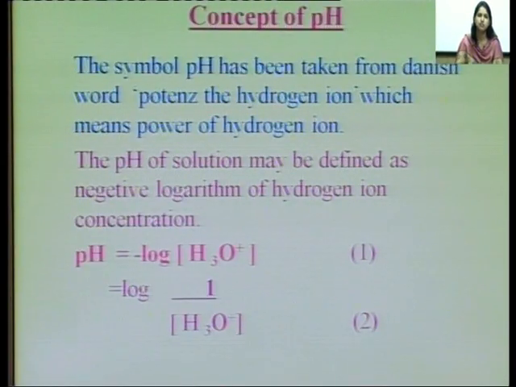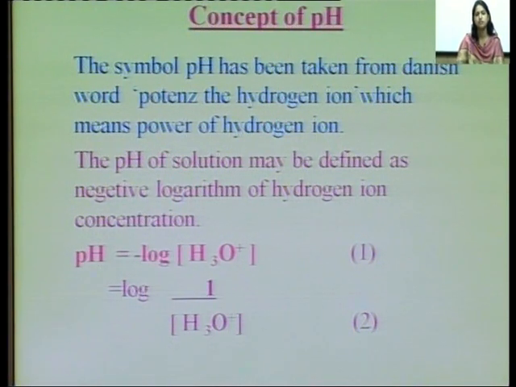So, next I am going to explain the concept of pH. This was given by the scientist Sorensen. As we have got, Kw, the ionic product of water, is equal to the product of molar concentration of hydronium ion and hydroxyl ion. This equation holds good for all solutions, that is neutral, acidic as well as basic.